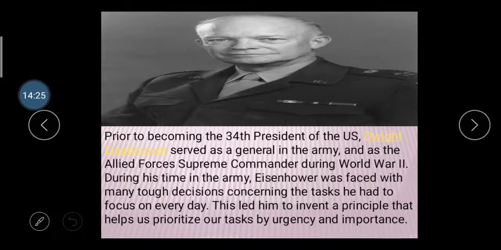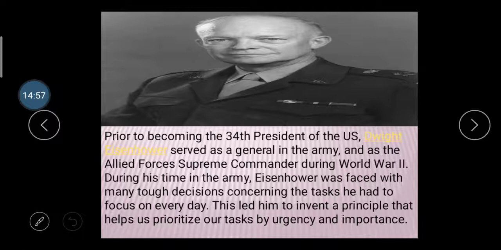So as the Allied force supreme commander during World War II, during his time in the army, Eisenhower was faced with many tough decisions, and he had to focus on them every day. So this led him to invent the principle that helps us prioritize our tasks as urgent and important. He was a president of the USA, and he was working in the army.